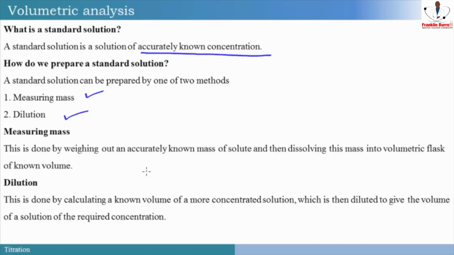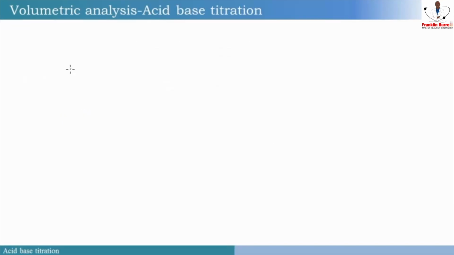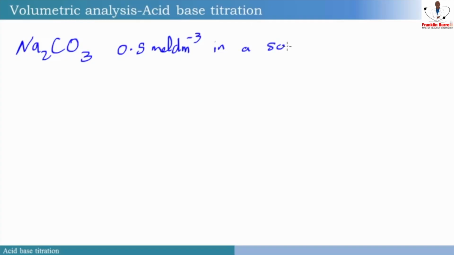So, let's say we want to produce a standard solution of 0.5 moles per dm cube sodium carbonate in a 500 cm cube volumetric flask.